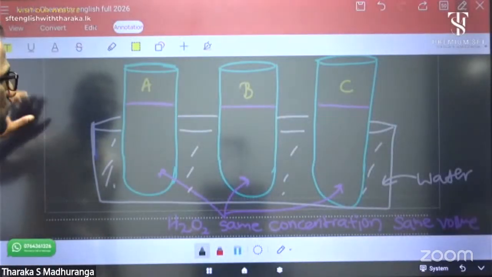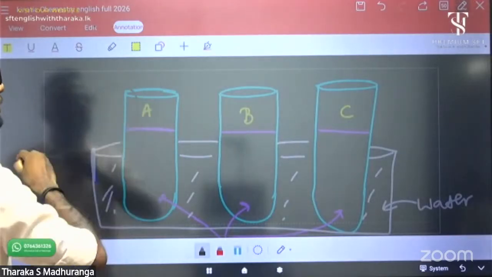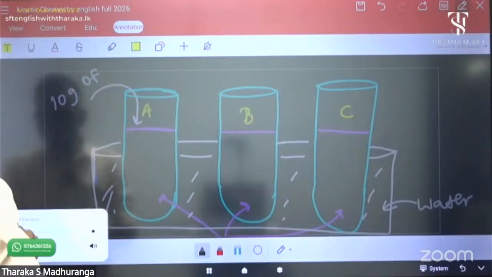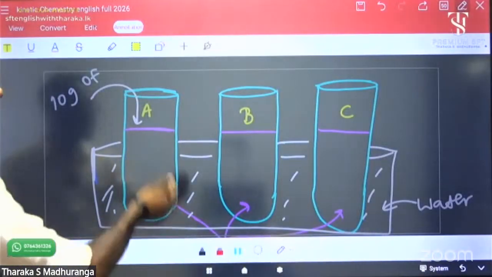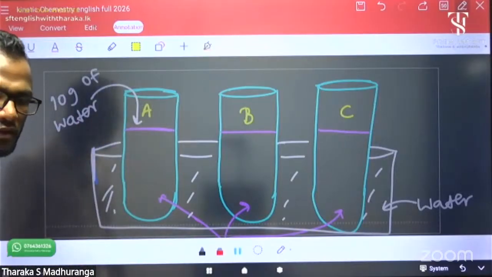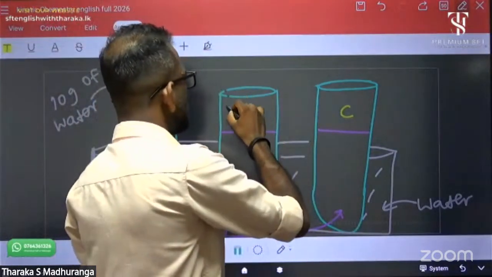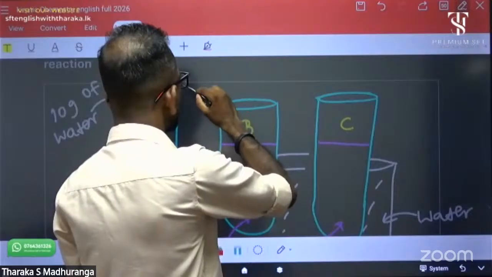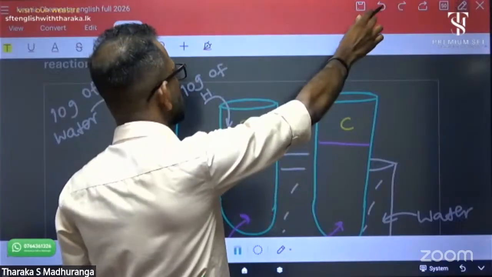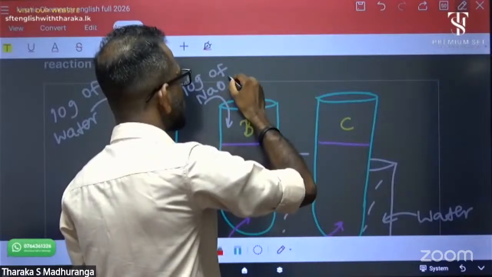For the first test tube, you have to introduce 10 gram of water. For the second test tube, introduce 10 gram of sodium hydroxide aqueous solution.